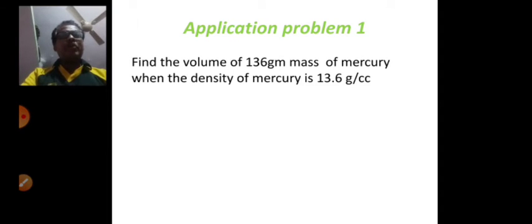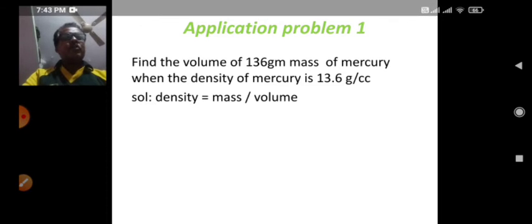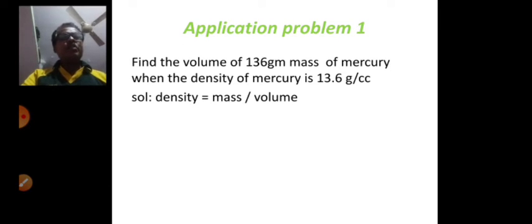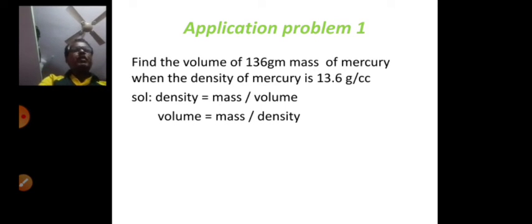Application problem number 1: find the volume of 136 gram mass of mercury when the density of mercury is 13.6. Solution. We know that density is equal to mass divided by volume. We have to find the volume of the substance, therefore volume is equal to mass divided by density.